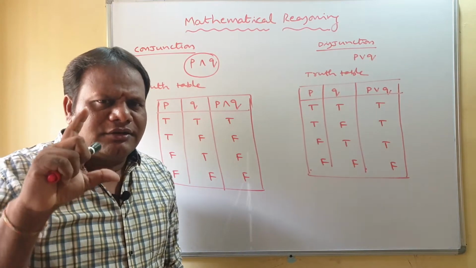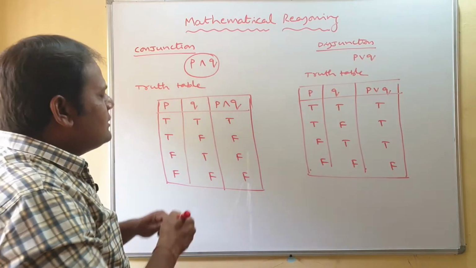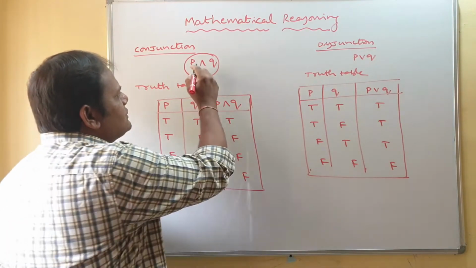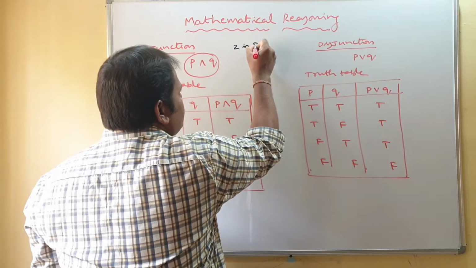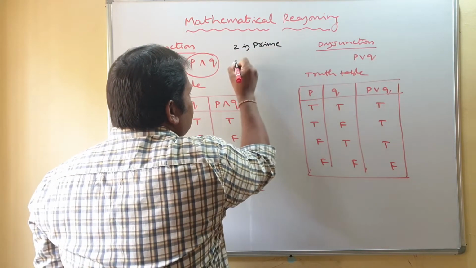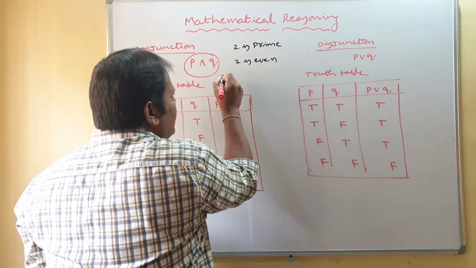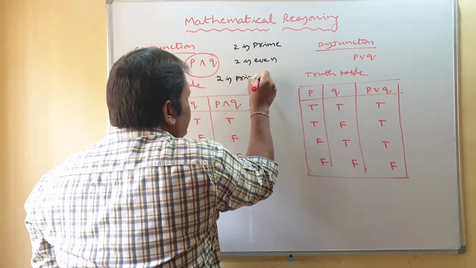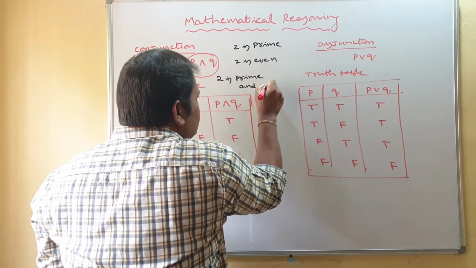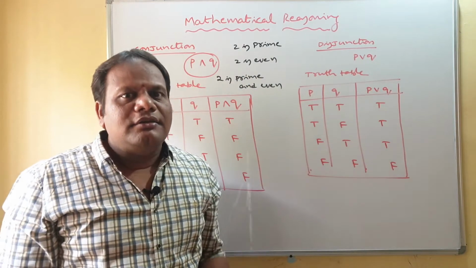That is called the truth table of conjunction. In general, suppose 2 is prime, 2 is even, then we can write that as 2 is prime and even.